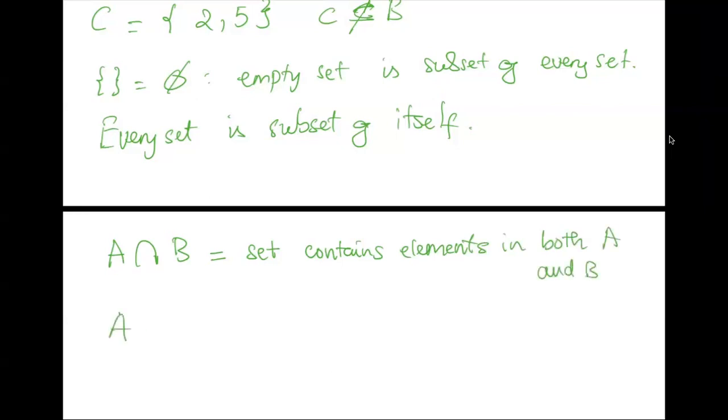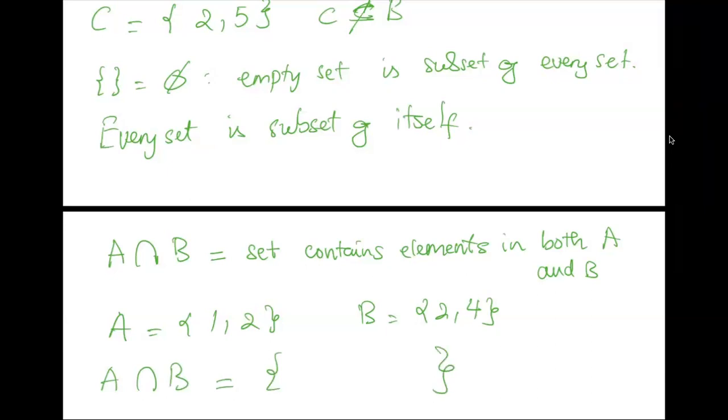For example, your set A is 1 and 2, your set B is 2 and 4. Then the set A intersect B will result in some set that contains the common elements of A and B. And what are the common elements of A and B? It is 2, right?